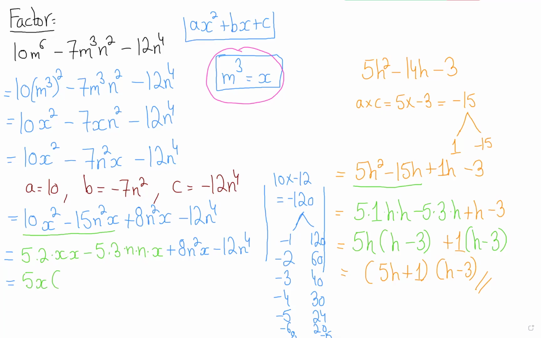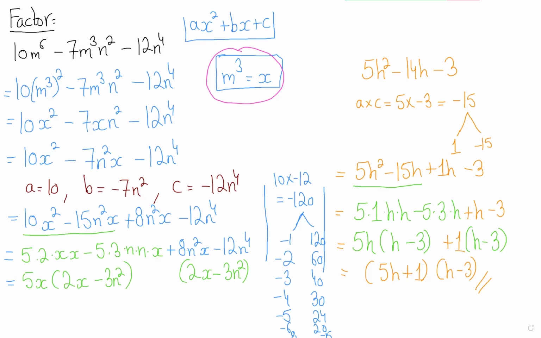After I remove 5x from here, we're left with 2x. This 2x goes inside the bracket. After we remove 5x from here, what's left is negative 3 times n times n, which is just negative 3n squared. So that goes inside the bracket. So we're left with 2x here and negative 3n squared here, right? Okay, now the next step is to copy and paste whatever we have inside the bracket directly here, and this is what we have.